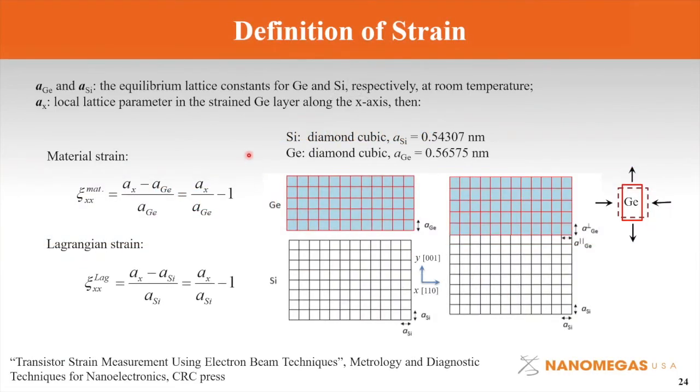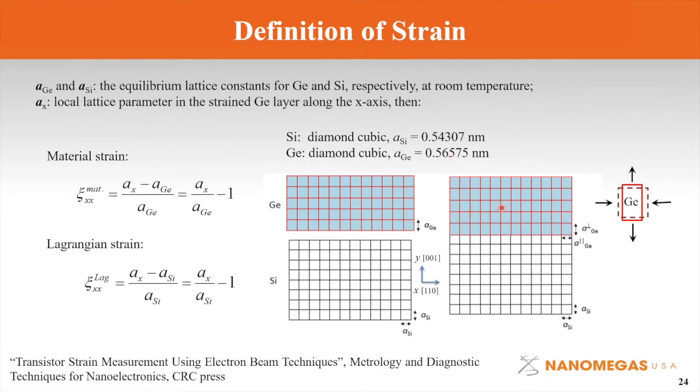It is first important to clarify the definition of strain we're discussing here. It is different from the material strain that a lot of people are accustomed to, in the sense that the reference can be chosen arbitrarily. Shown here is an example with silicon and germanium, where germanium has about 4% lattice mismatch from the silicon. So germanium has a larger unit cell.